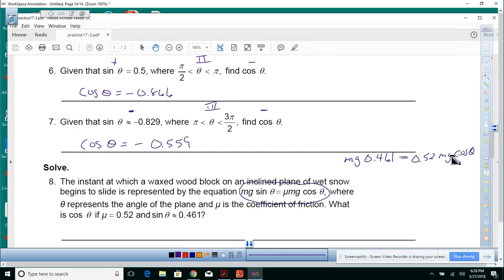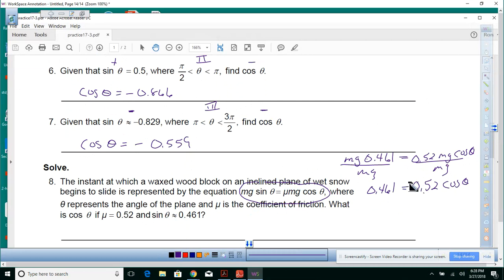All right, if we divide both sides by mg, we get 0.461 equals 0.52 cosine theta.